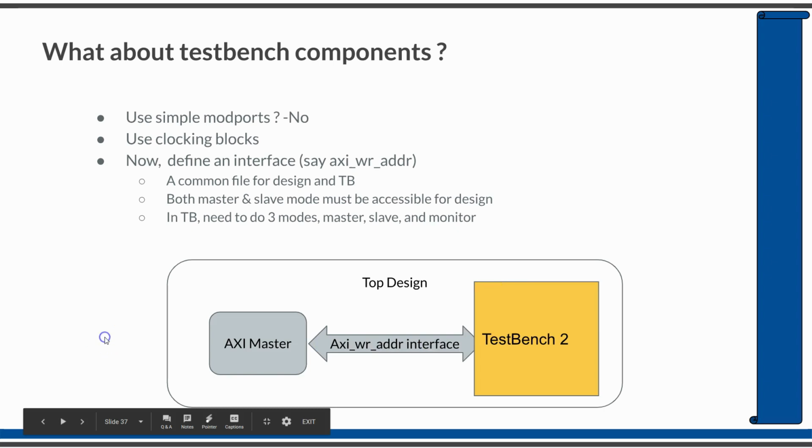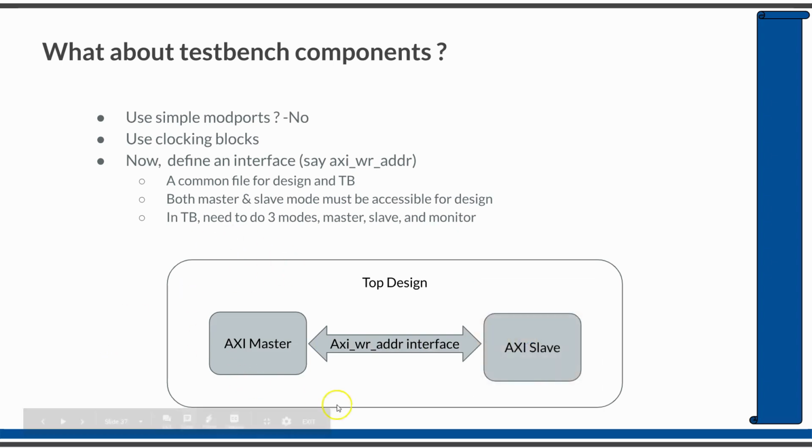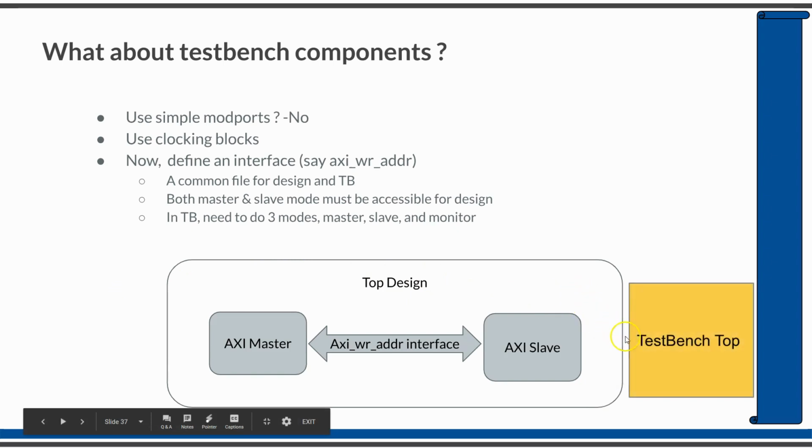Finally, in the third mode, you will be testing the whole top design, and in that case your test bench will be sitting outside, and you need to drive the top-level design signals appropriately. The next slide shows the definition of such an interface, which can be used across different design files and different test benches.